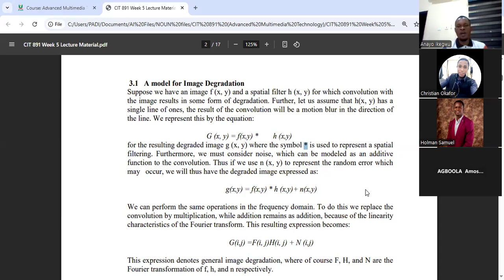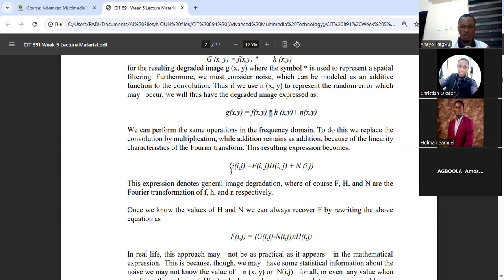Thus, if you use n of x and y to represent the random error which may occur, we will have the degraded image expressed as g of x, y equals f of x, y multiplied by the spatial filtering h, represented by the asterisk, plus n of x, y. So by the time you do it, you now transform it to have these equations.